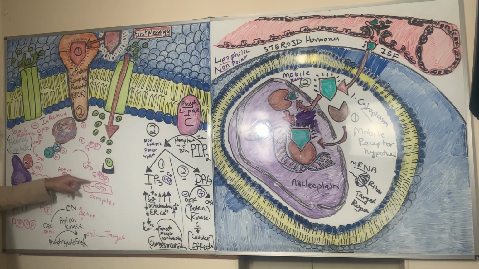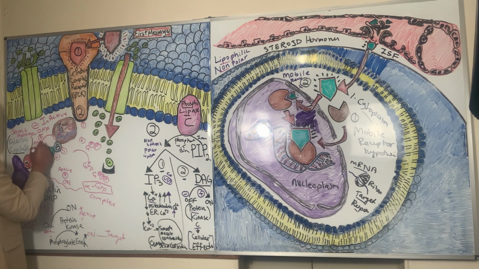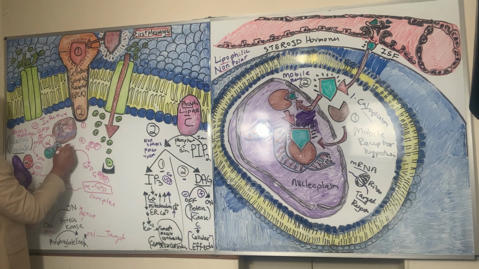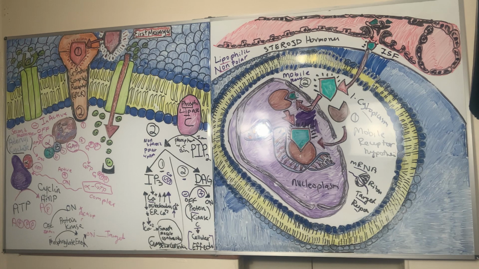Now alpha is going to go back and bind the G protein, back to the initial position. So now we will have alpha, beta, gamma, G protein, GDP, and now we are inactive.